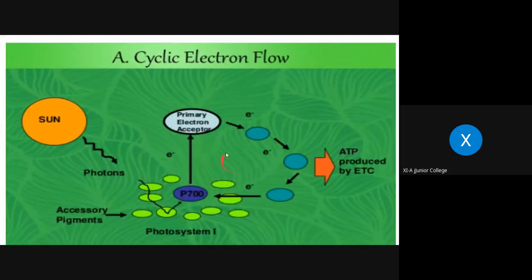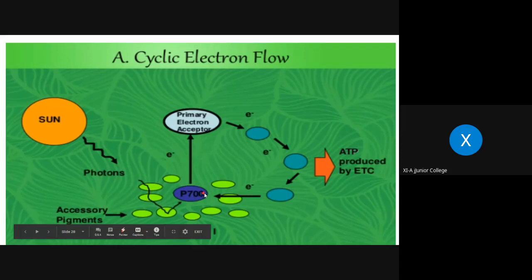See, this is the simplest structure. This is photosystem 700, or pigment system 700. What does P700 represent? 700 is the maximum absorption wavelength. What does this photosystem include? Photosystem means all these pigments. The main pigment is chlorophyll A, and the accessory pigments are these yellow colored structures, can you see?